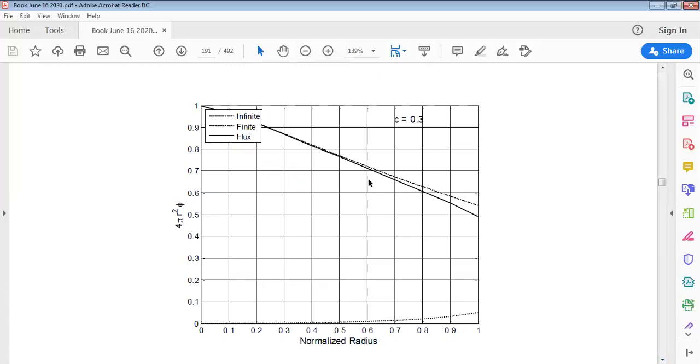Now the lower one over here is flux, and these are the finite and the infinite terms. Here you can see the finite terms, and here you can see the infinite terms of the above expressions. So you can see for a strong absorber that this flux drops pretty fast.